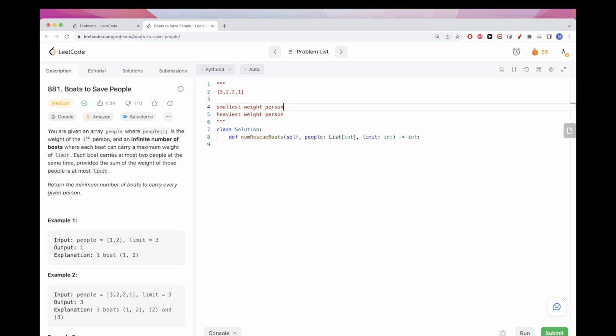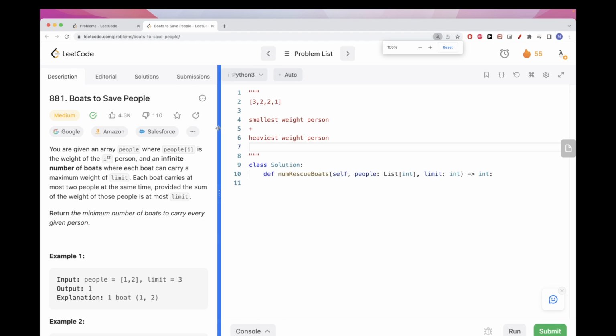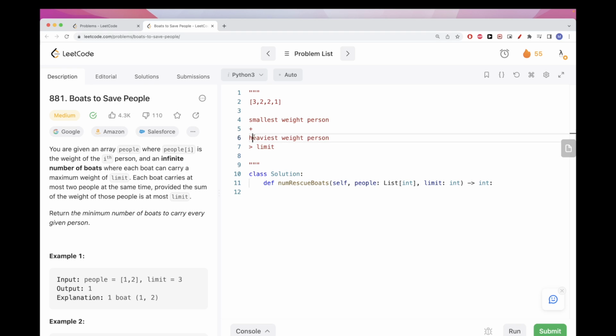now if the sum of these is bigger than limit, what does that mean? Because this is the smallest one, if you take another person, the weight would be bigger, so this sum would be bigger, right? And so that means this person here has to go on a boat alone.